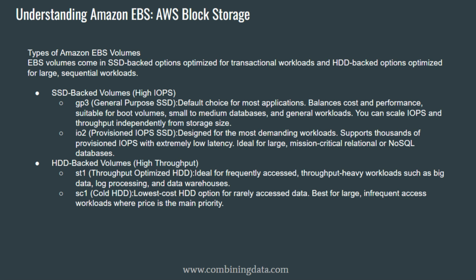It provides high throughput at a lower cost than SSD volumes. Finally, SC1, or Cold HDD, is the lowest cost EBS option. It's intended for infrequently accessed data where performance is not critical, but storage cost is. This might include large datasets that are rarely read but still need to remain available on block storage.